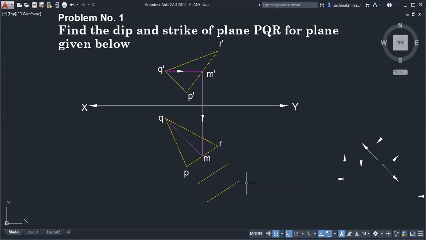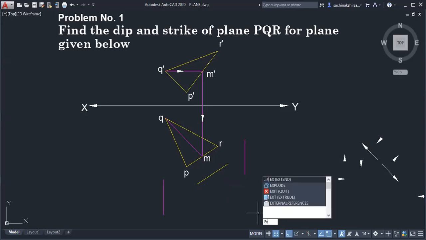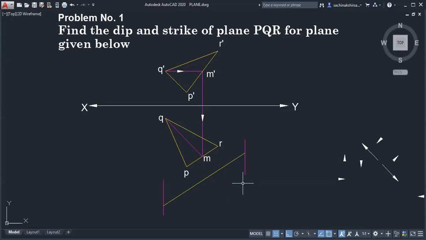Now here, carefully, we have to draw the X1 Y1 line, not parallel to the PR line but perpendicular to the QM line. We have to draw a line which is perpendicular to QM. That will be our reference line X1 Y1.